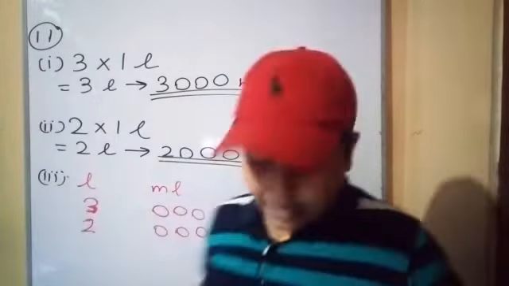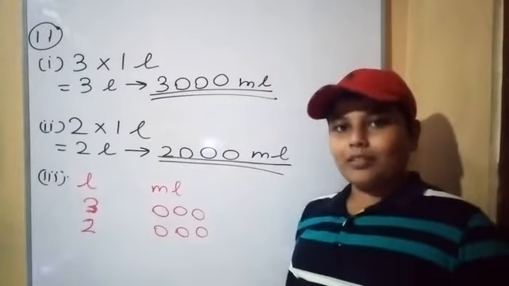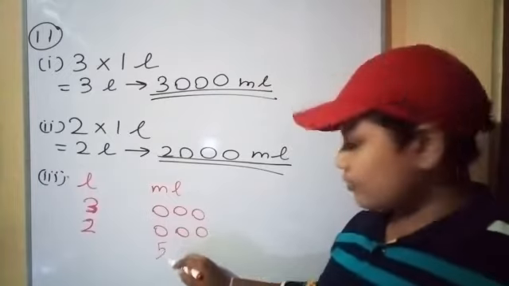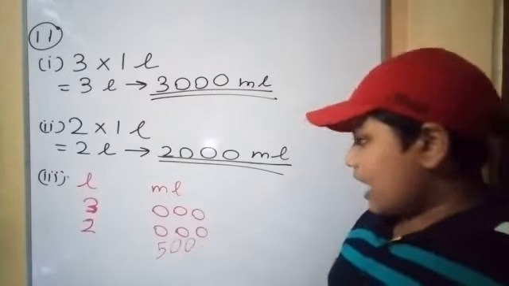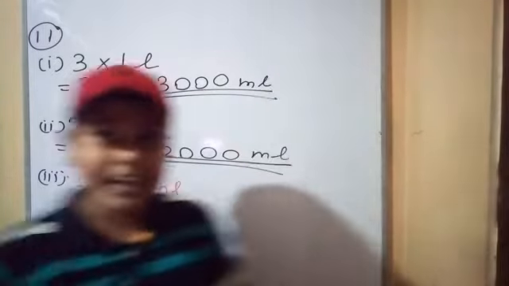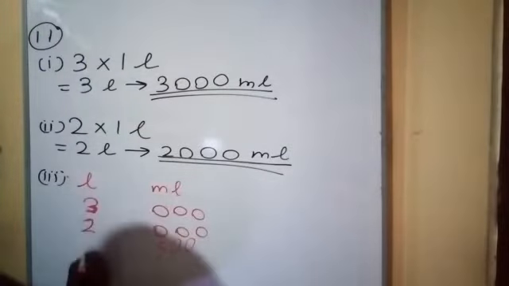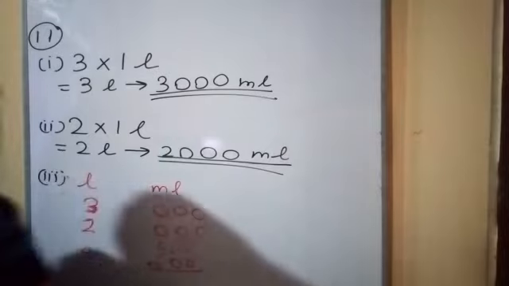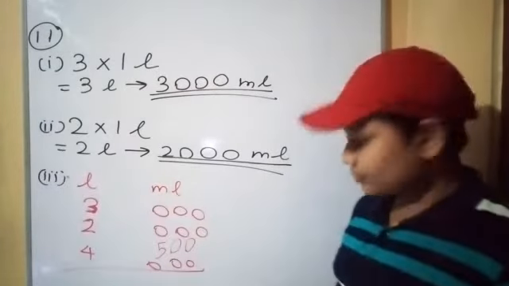What is the next? Add the lemon juice also. That is also a purpose. 500. And next add 4 liters of water. Right? Okay, add together.